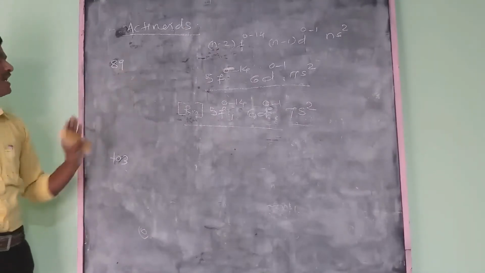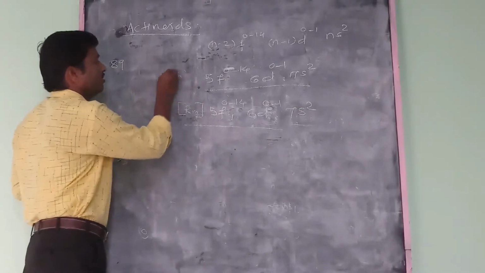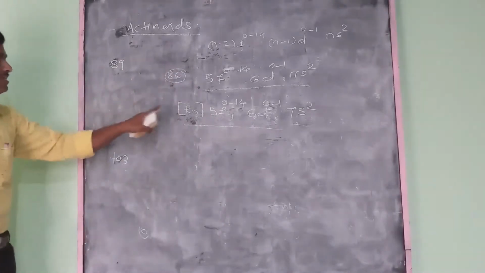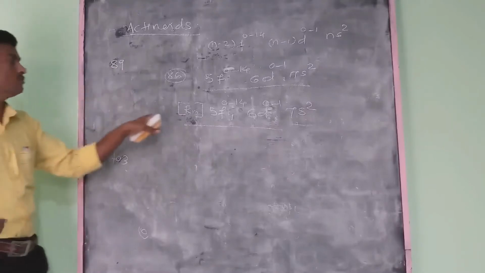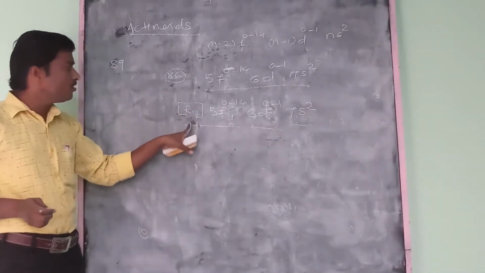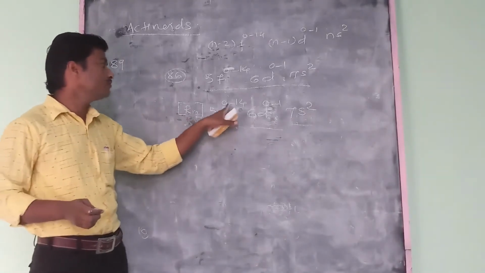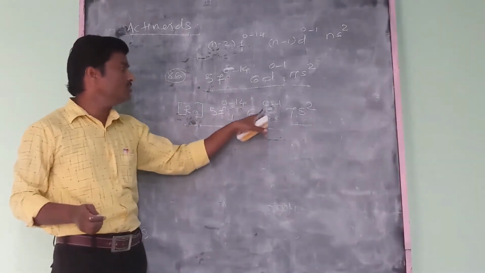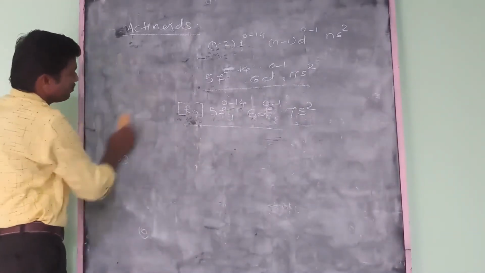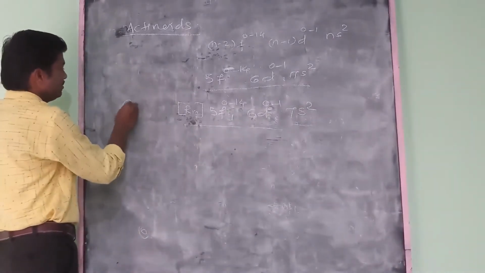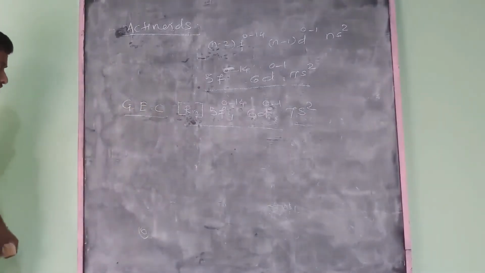The inert gas radon, having atomic number 86, is nearer to that series, and that's why the radon core is used: 5f0 to 14 6d0 to 1 and 7s2. This is the general electronic configuration of actinoids.